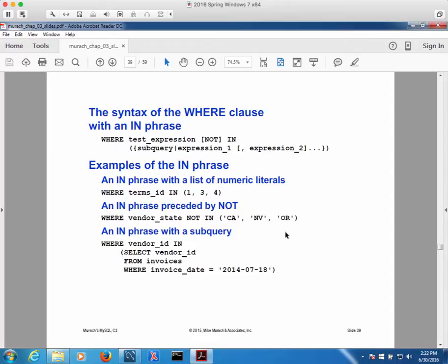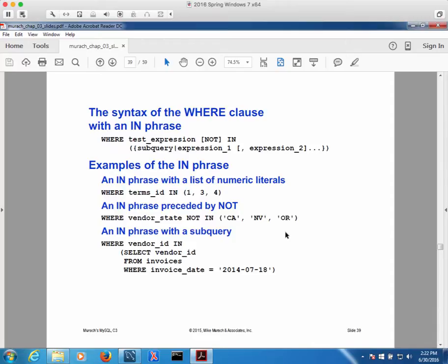We're going to get that row. If it were 2, it would not pass. And then the next one, where vendor state not in CA, NV, OR. So if it were in CA, the row's not going to pass. If it were in IL for Illinois or WI for Wisconsin, it would pass.